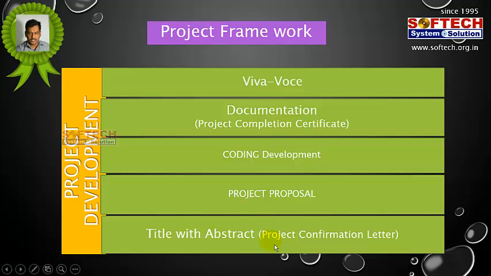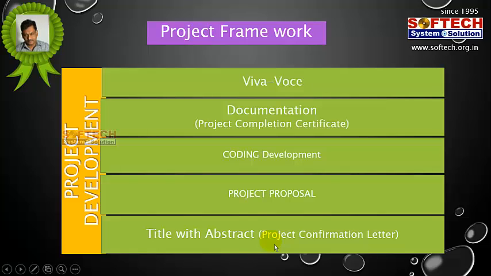After the acceptance of the college guide, that is the local guide, the student wants to get a confirmation letter from the IT company if it is a live project, or a confirmation letter from the company if it is a real time project. After that, the student wants to make the project proposal.